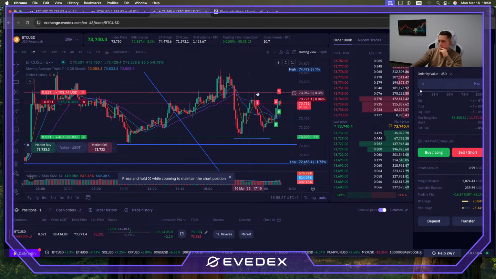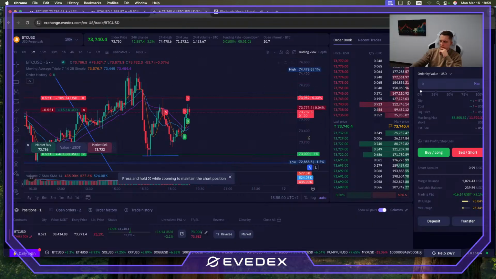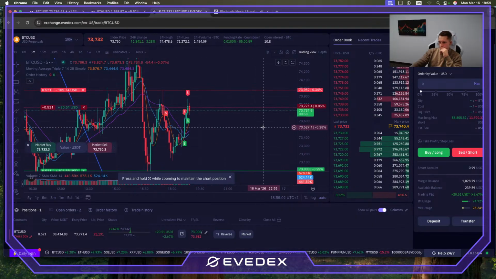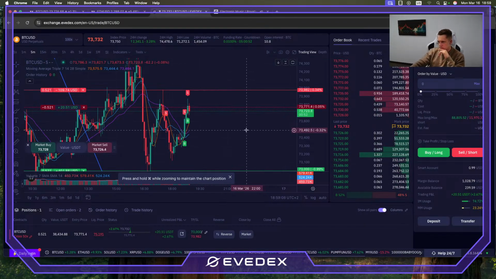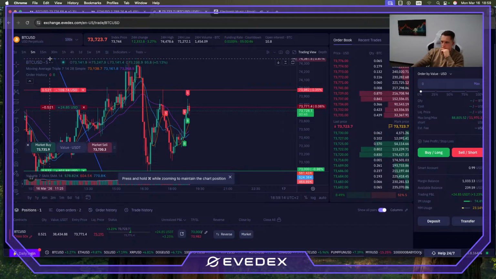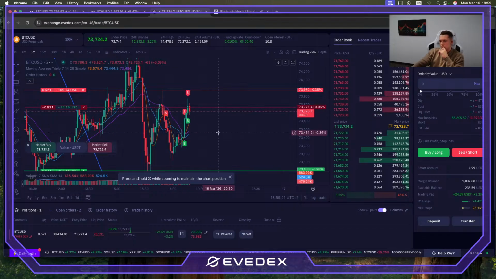So, if we were to go to a larger time frame, for example 5 minutes, 5 minutes does tell us that there is a reversal. Obviously it may not be, anything could still happen.